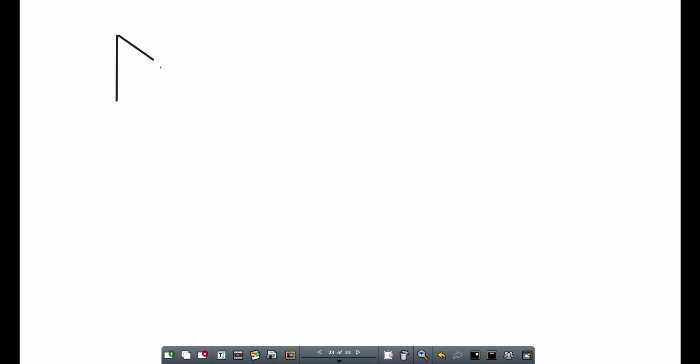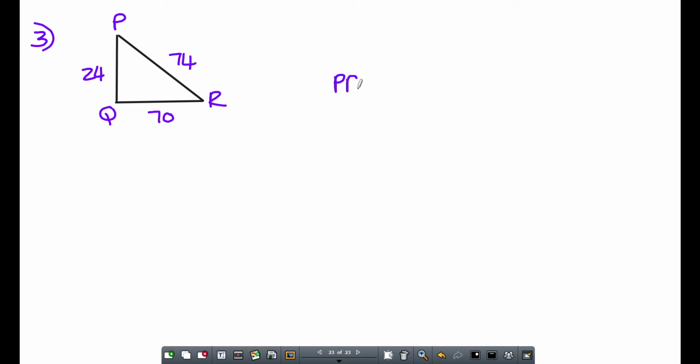Okay, right. I'm going to draw my triangle, just more or less. Triangle PQR. PR is going to be 74. PQ is 24. And QR is 70. Okay, so we take the longest side, which is PR, and we square that. So 74 squared, and that gives me 5476.